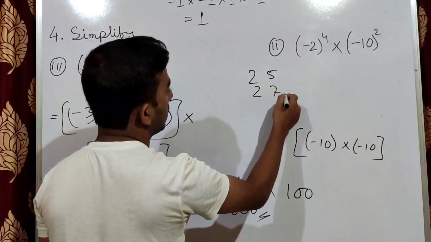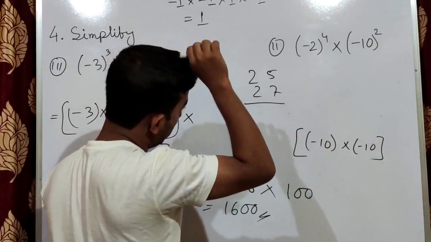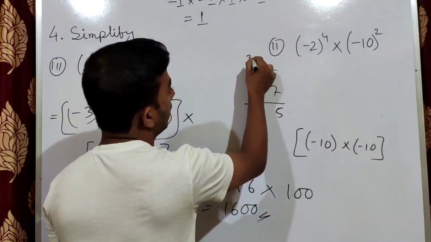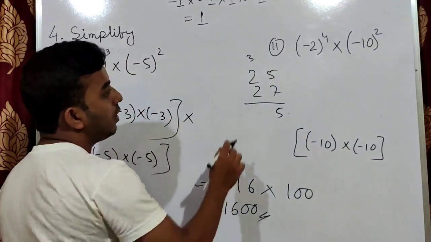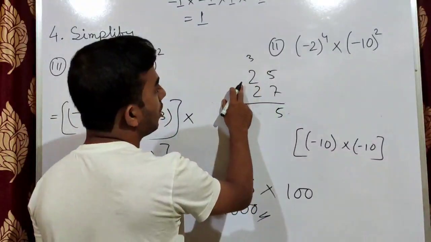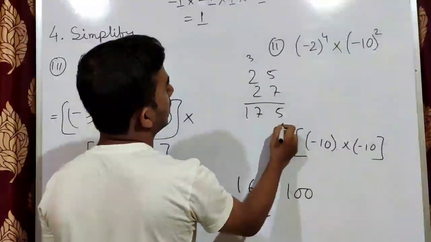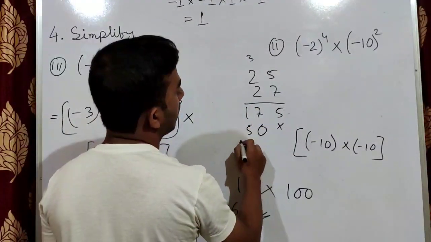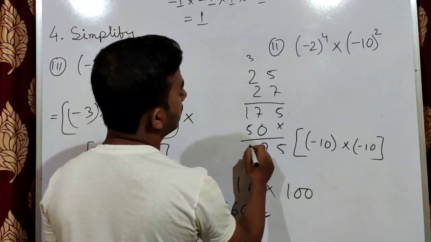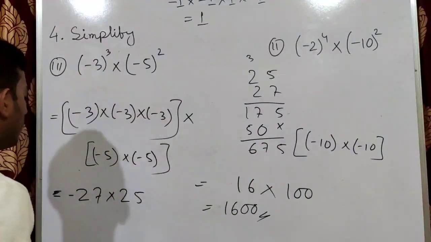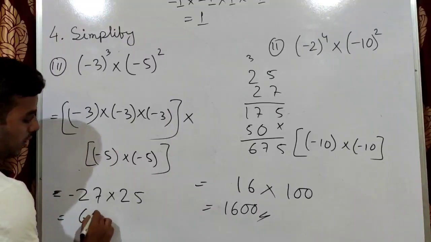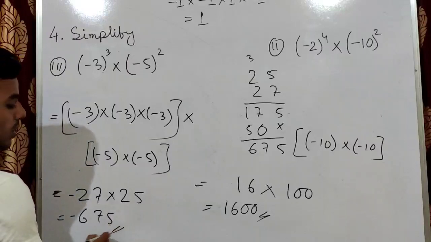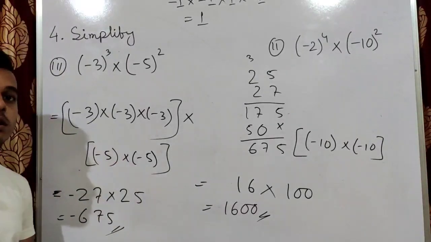Let us check: 25 with 27. 5 into 7 is 35, remainder 3. 5 into 2 is 10, plus 3 is 13, so 675. Yes, 675, and minus, because minus into plus is minus. So our required answer is minus 675.